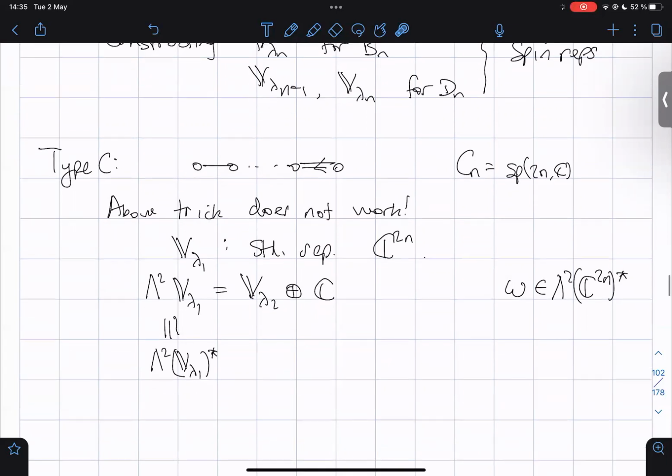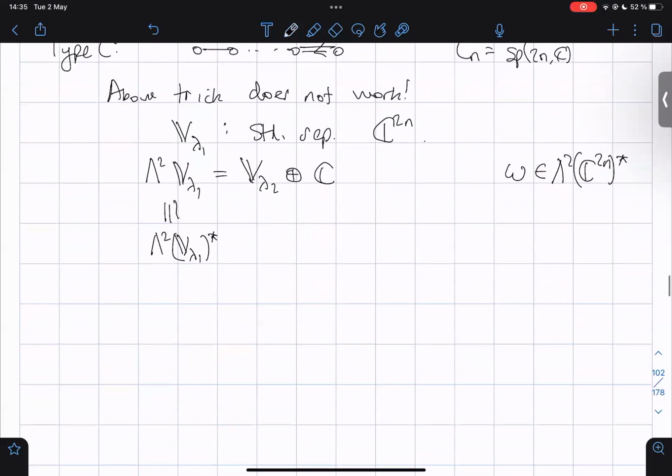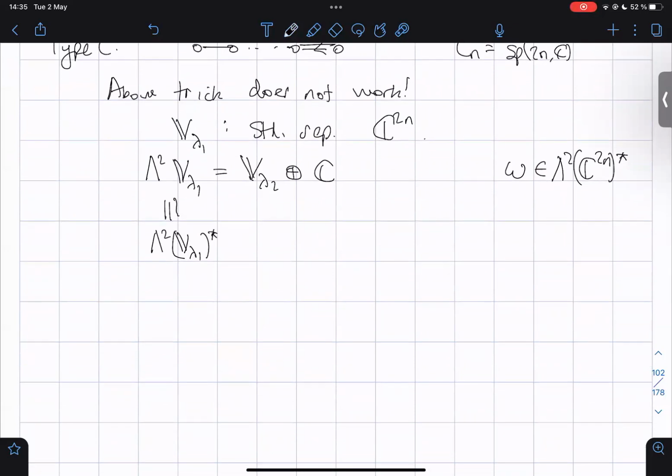Okay, so, but beyond that, I'll do this in a little bit more detail. But let me just tell you the general result. If I start taking these higher tensor powers, higher wedge powers, then I'm going to get the kth fundamental irreducible representation.